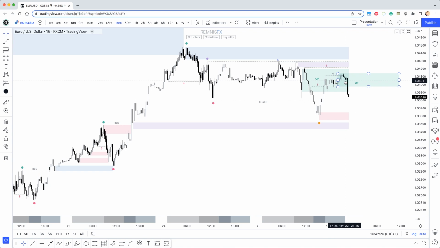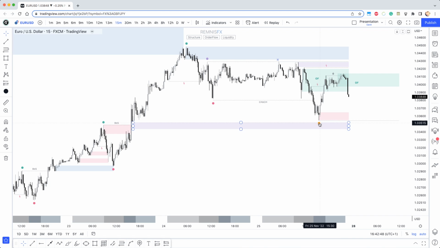So what would be the next possible scenario? Well, if I just quickly mark this area as a possible target, because your low is now confirmed after taking out the inducement.